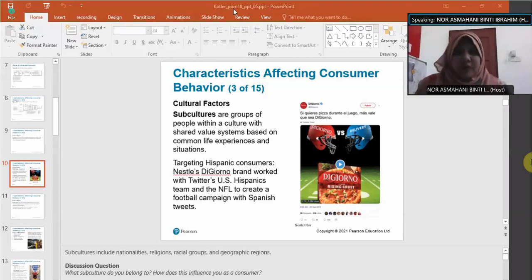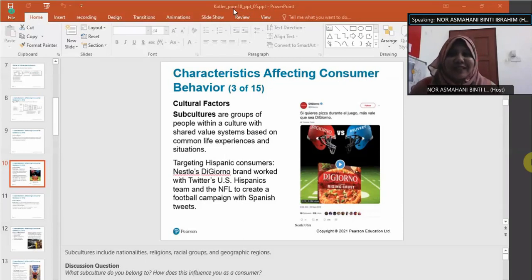Subcultures are a group of people within a culture with a shared value system based on common life experience and situations. For example, in America, they have Hispanic American, they have Asian American. Asian Americans are more loyal towards brands and services, right?